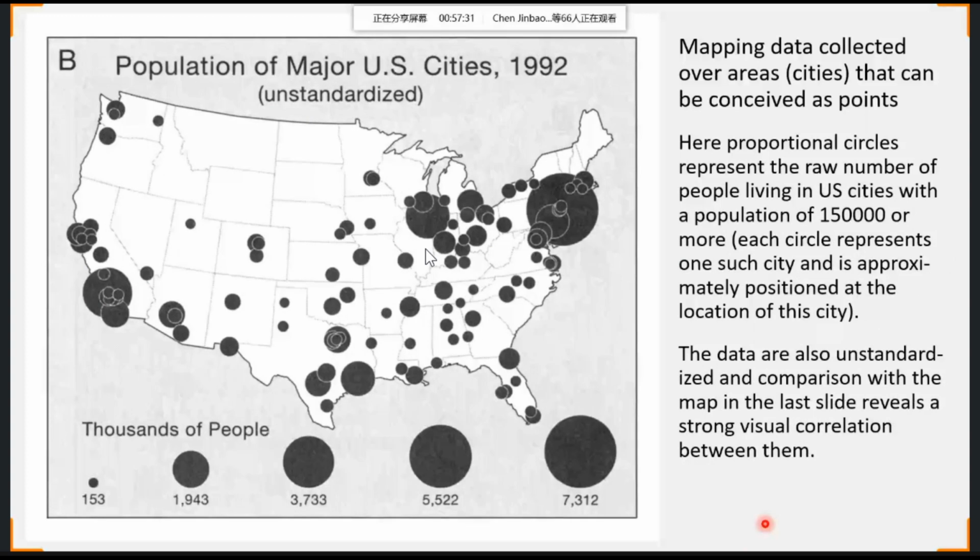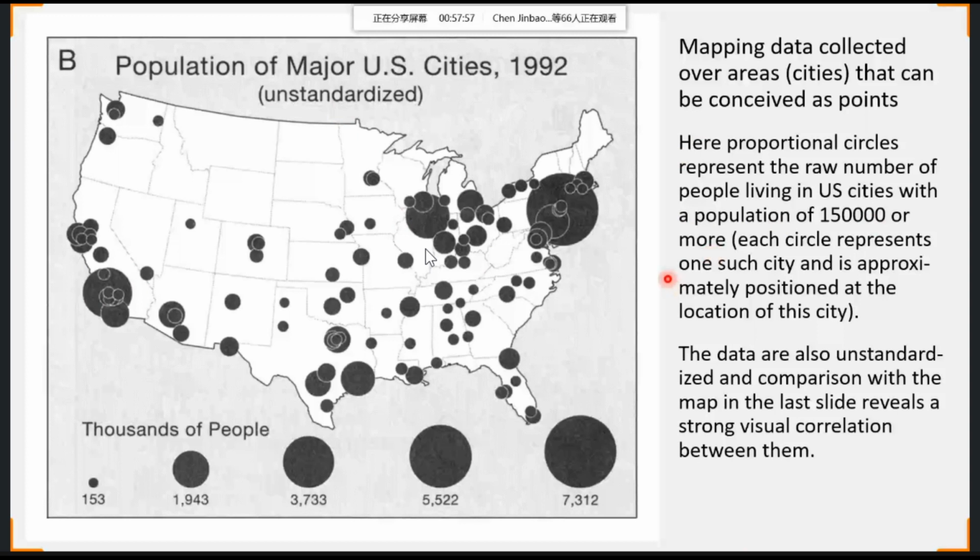In this example, we have still unstandardized data. Here, proportional circles represent the raw number of people living in US cities with a population of 150,000 or more. So here you have just the population. You can compare this with the out-of-wedlock birth data.